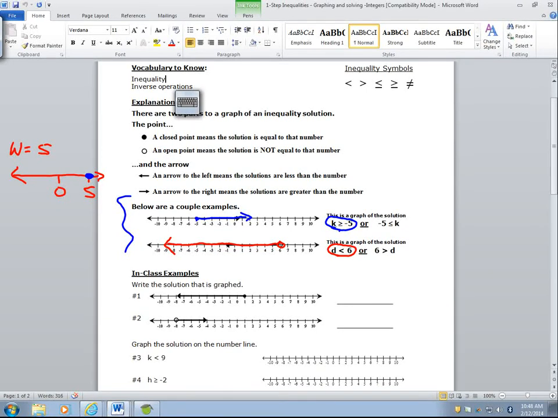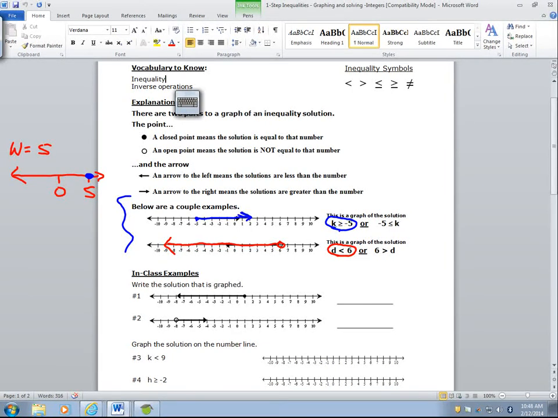If you just flip it, and the variable's on the left, when it's K is greater than negative 5, the variable's on the left, you see that there? Which way is that arrow pointing on the greater than? The right.